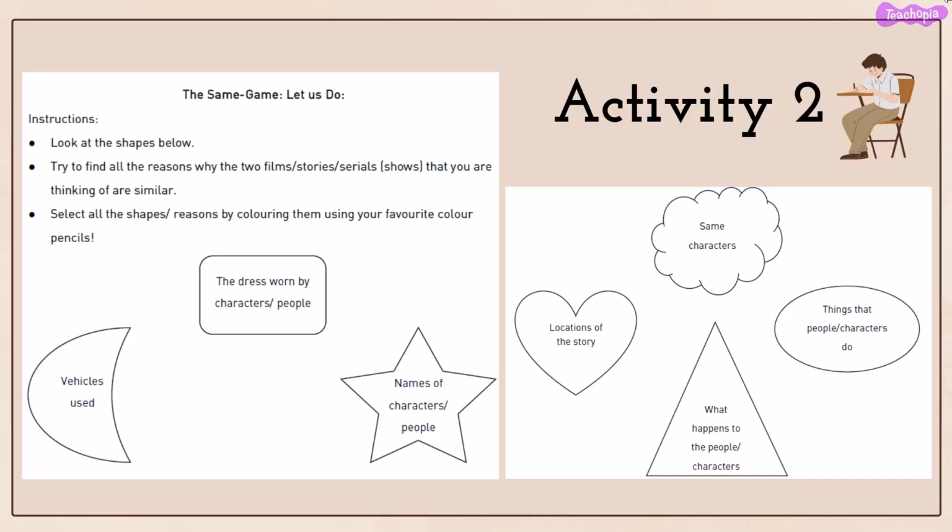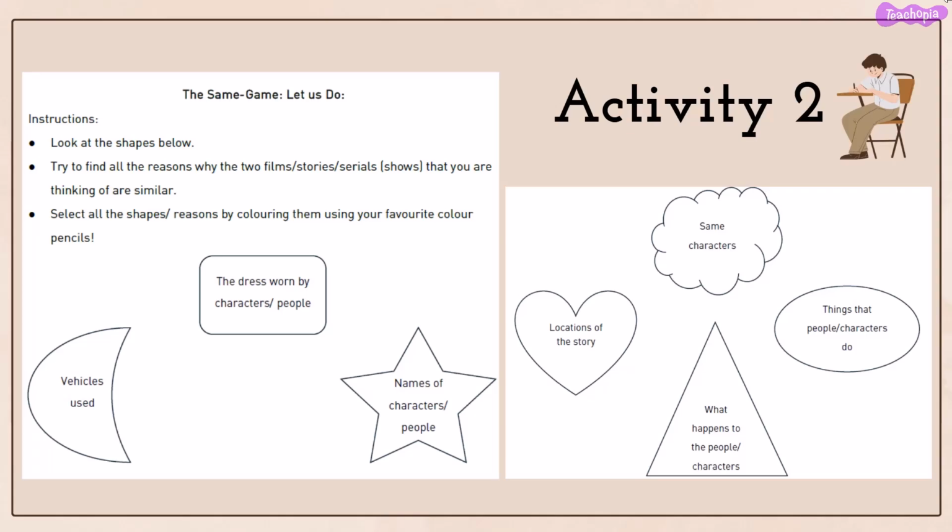Here, the children are asked to look through the shapes. Each of the shapes contain a statement. Once the learners think about what the similarities in their stories are, they are given the chance to select from one of these shapes what those similarities are.